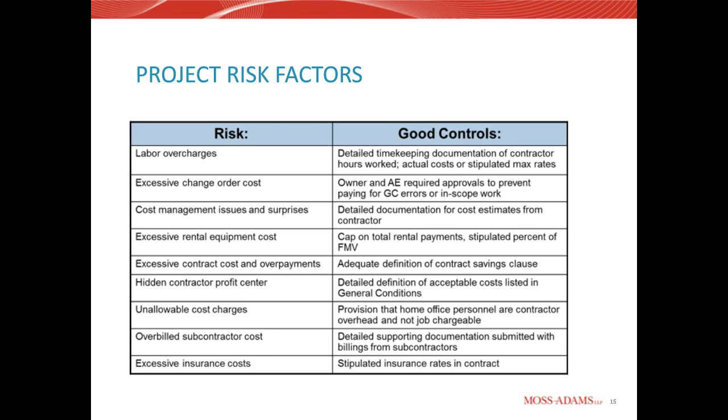One, make sure that there are actual costs around that specific change. They're not duplicated scope or duplicated costs that were included in the original contract or previous change orders. And also make sure that those costs comply with contract language.